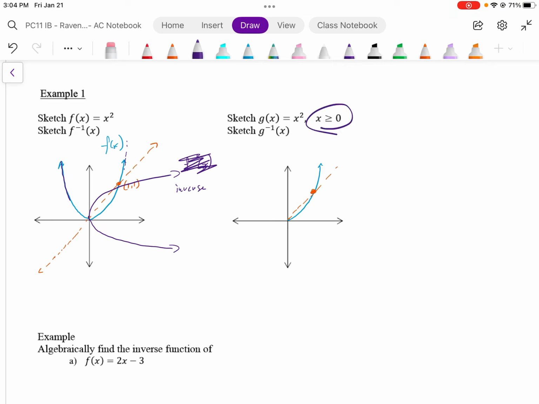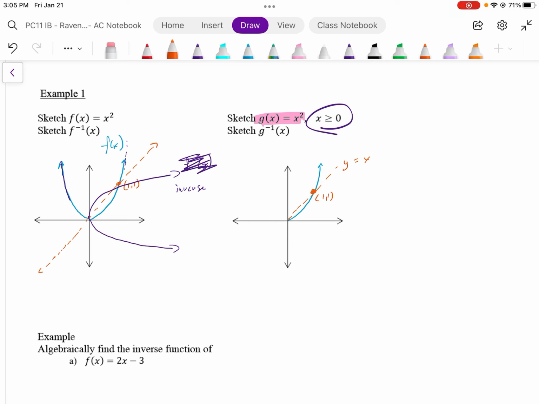However, when this happens, sometimes we constrain the domain of a function. Allow me to draw g of x. Well, g of x is just a parabola. And I've drawn my identity line, y is equal to x. These two intersect at point 1, 1.